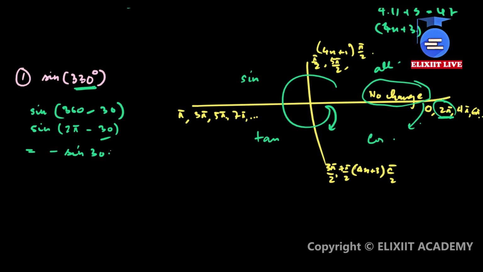Why? Because sine is negative in the fourth quadrant. Only cos and sec are positive. Otherwise sine is negative, so we have minus sine 30, which means minus half, since sine 30 is half.